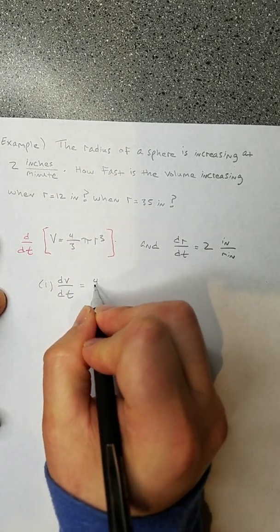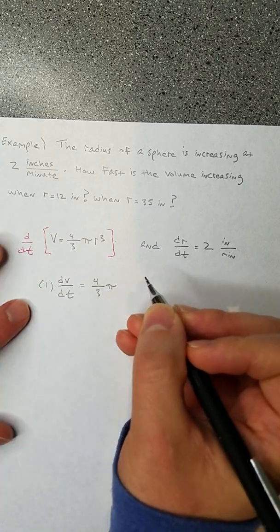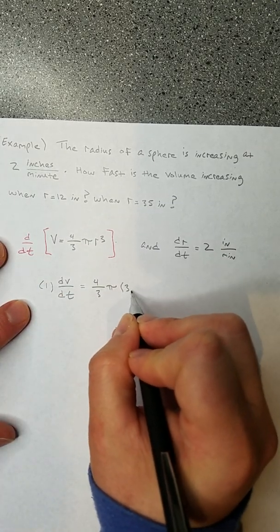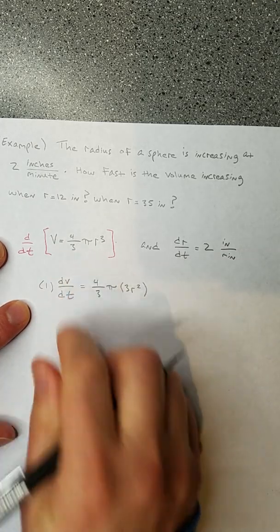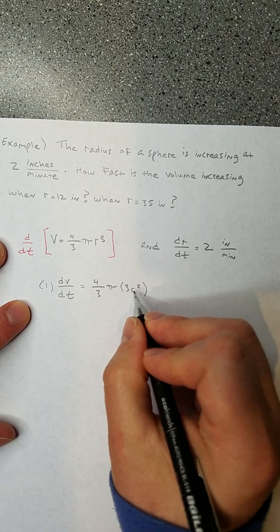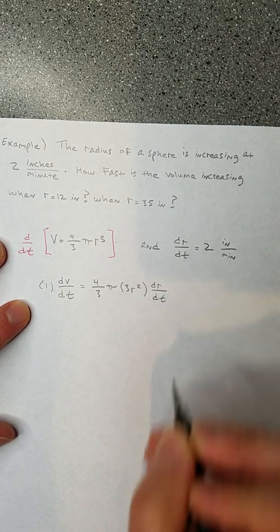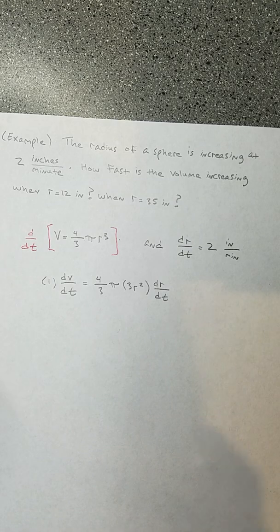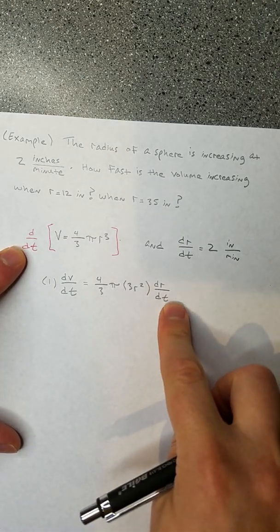It would be 4/3 pi, okay, that's a constant, so I carry it, times 3r squared, okay, that's the derivative of 4/3 pi r to the third. But then r itself changes from moment to moment, so I have to multiply that by dr/dt. Okay, so there's my work from here, and I know dr/dt.